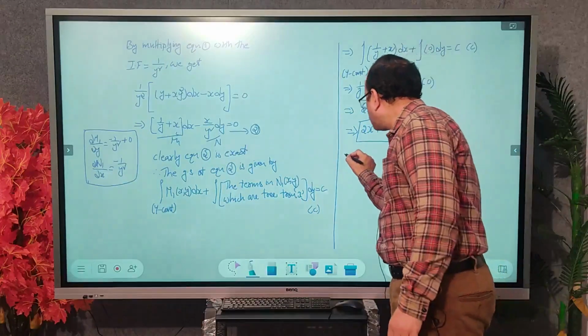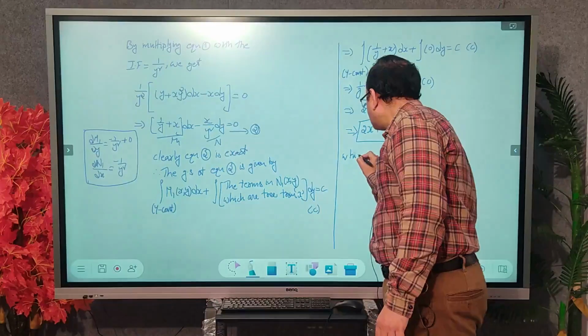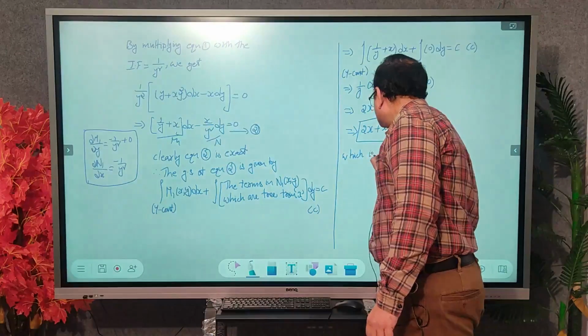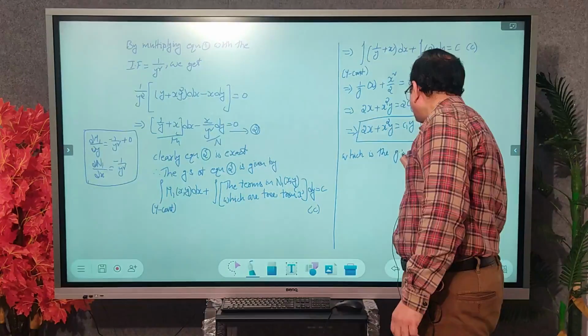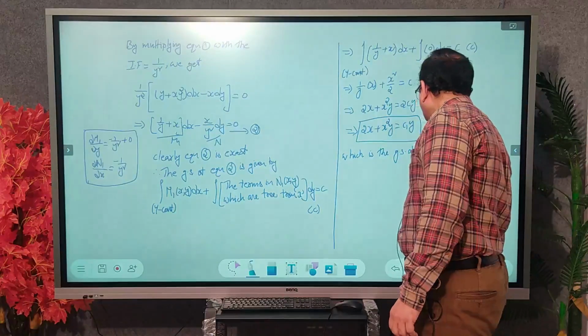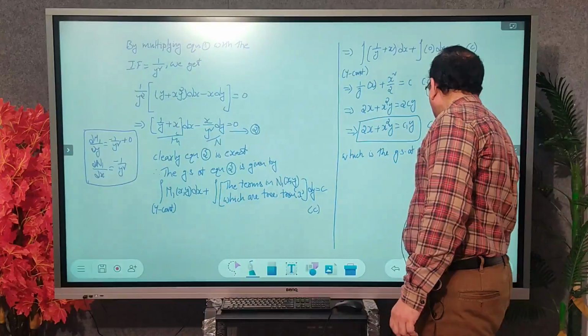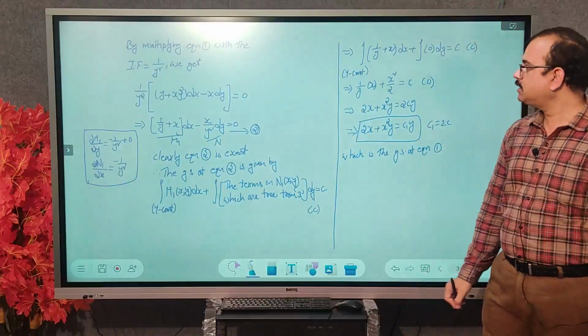And finally here we can conclude that this is the general solution of equation 1, or otherwise the given differential equation.